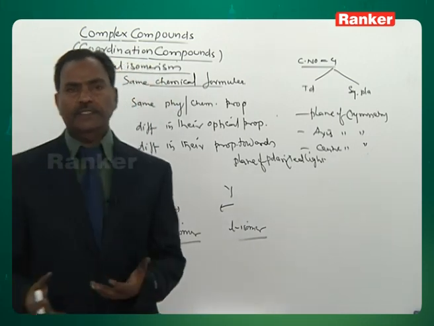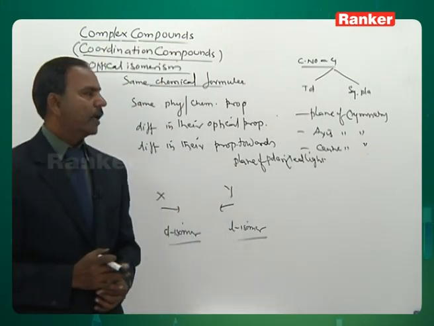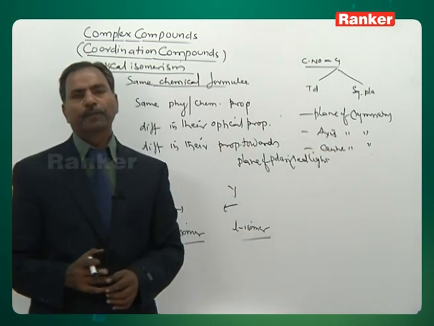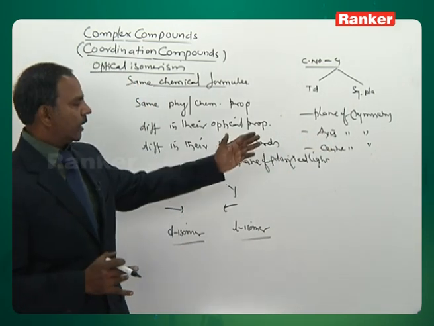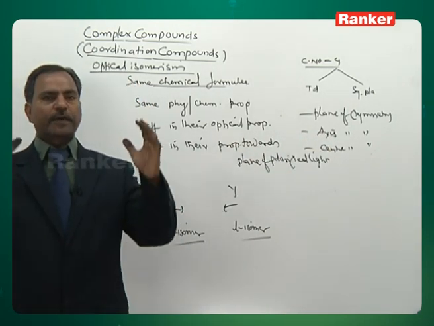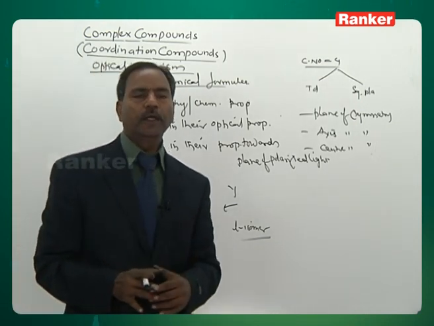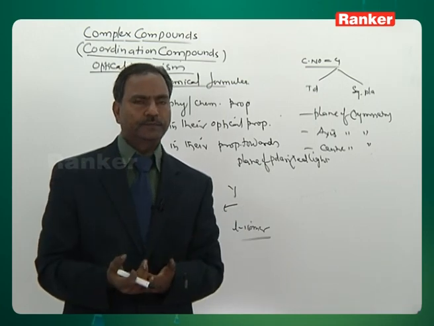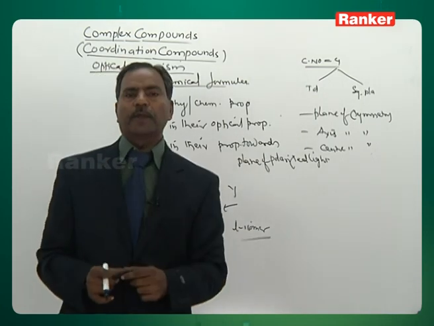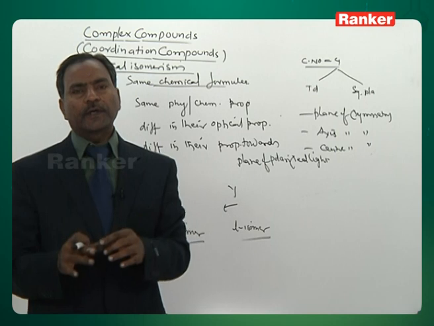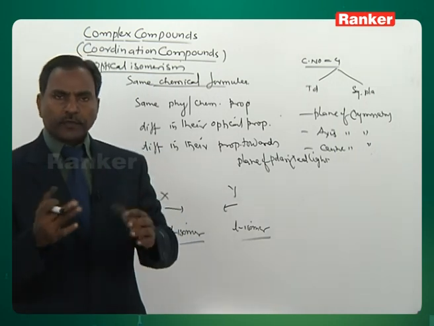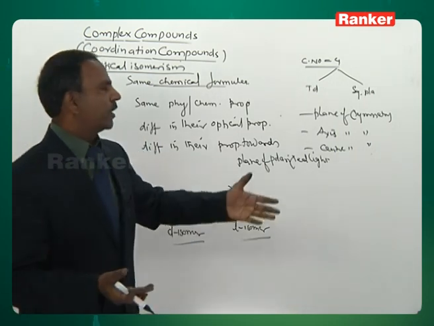Any geometry which possesses three symmetry elements, plane of symmetry, axis of symmetry, and center of symmetry, such geometries are generally found to be optically inactive. Now, consider the square planar geometry. Square planar geometry possesses all the three symmetry elements.